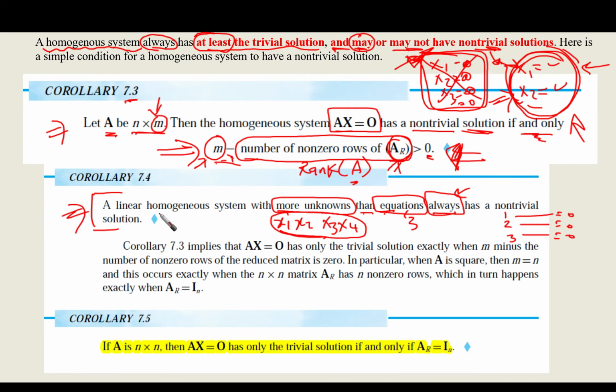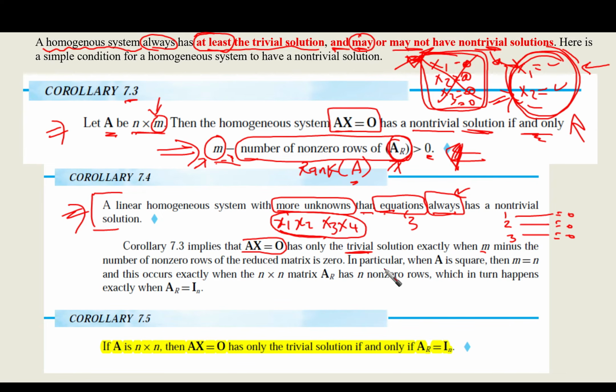Okay. So this condition that we have here implies that AX equal to 0, this system, has only the trivial solution, take care, has only the trivial solution exactly when m minus the number of non-zero rows of the reduced matrix is 0, right? And this is right because of what we mentioned here.